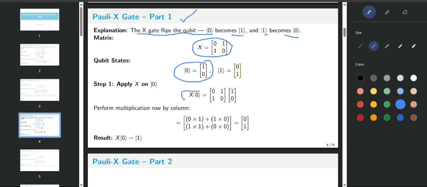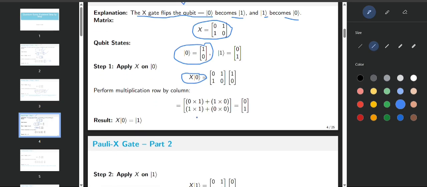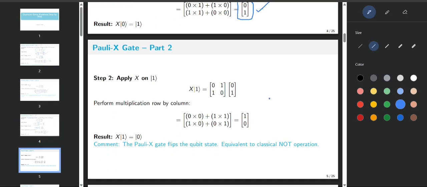We already know ket 0 is [1 0] and ket 1 is [0 1]. If we apply it on ket 0, with the same matrix multiplication, you will see a flip. Applying it to ket 0, which is [1 0], you get ket 1 as the result. That is what the Pauli-X gate does.